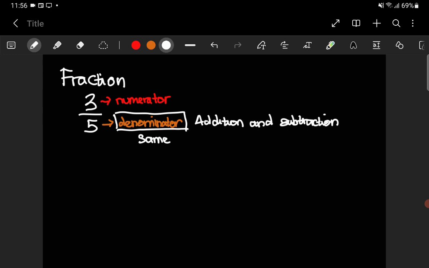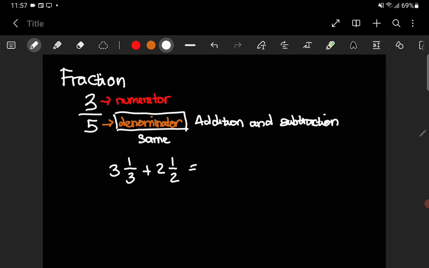Let's say I have 3 1 over 3 plus 2 1 over 2. If I have this kind of question, then I will first separate the mixed fraction into integer and fraction.